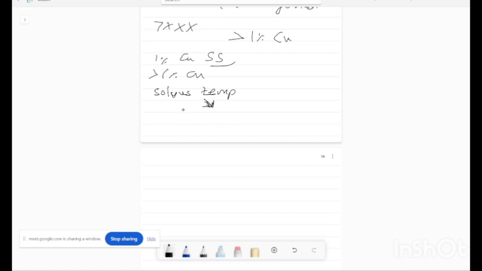If the solvus temperature is high, then nucleation at high temperature. If it is low, then nucleation will start at low temperature.